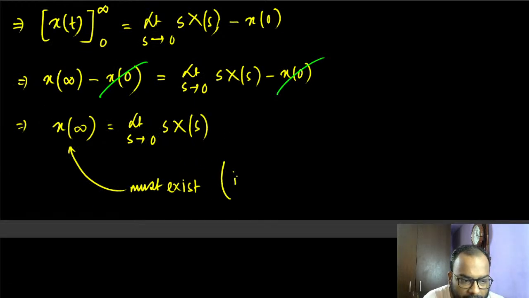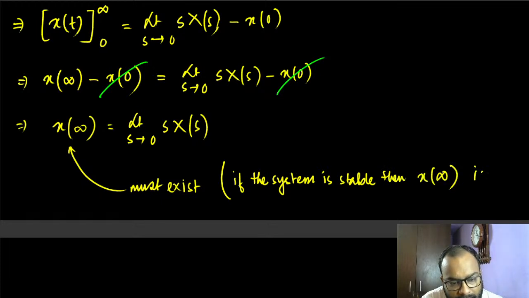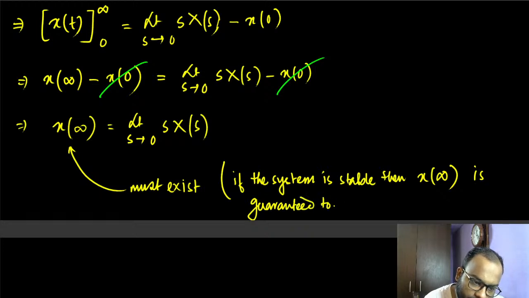So if the system is stable, then x infinity is guaranteed to exist. That's again a sufficient condition.